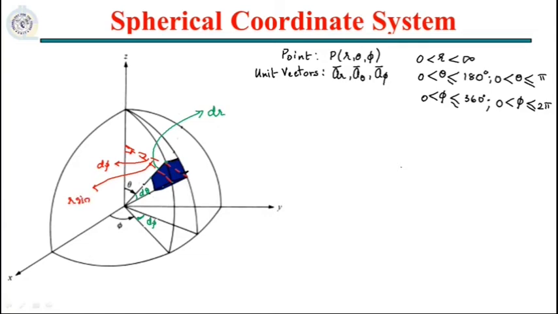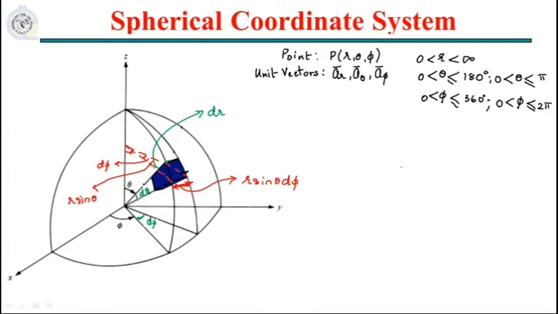So if this is r sine theta, that's the length, then my arc length will be given by the length r sine theta into the angle, that is d phi. Okay, fine. Now this is the second length. What about the third one? Who is the third guy? I want now this length. This length is quite simple because the reference is the origin.